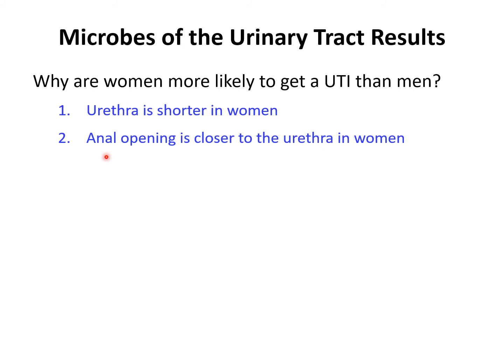As the woman is wiping from back to front, some of that E. coli from the fecal matter can make it to the urethra opening, and therefore, as I was saying, E. coli is the most common bacteria to cause UTIs. And because the anal opening is closer to the urethra in women compared to males, again, women are more susceptible to getting UTIs.